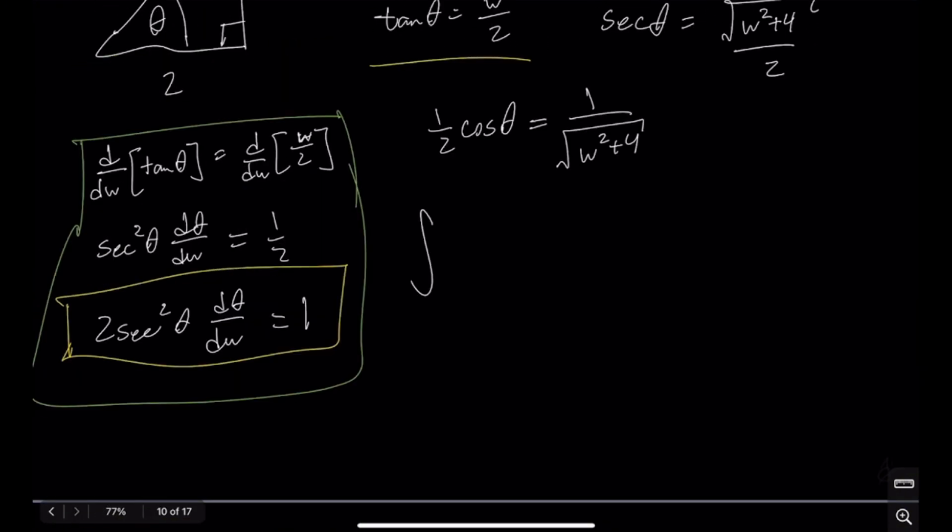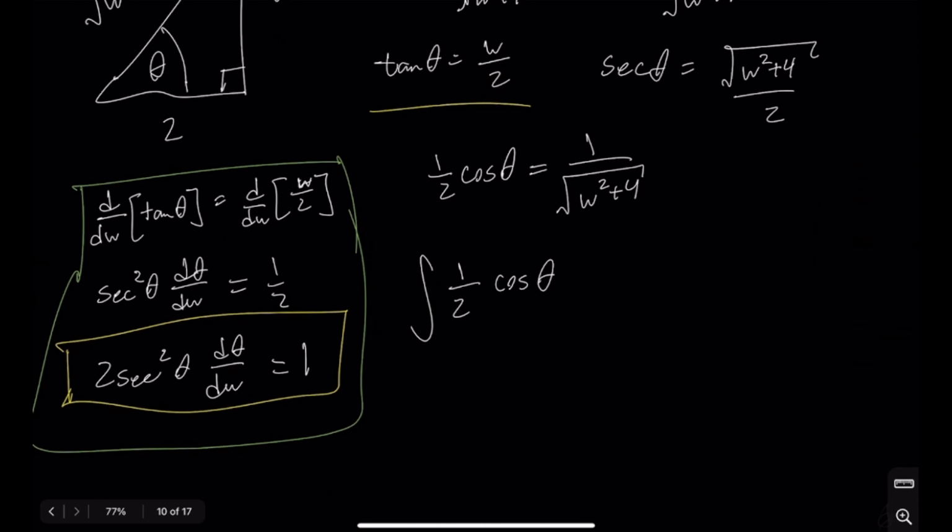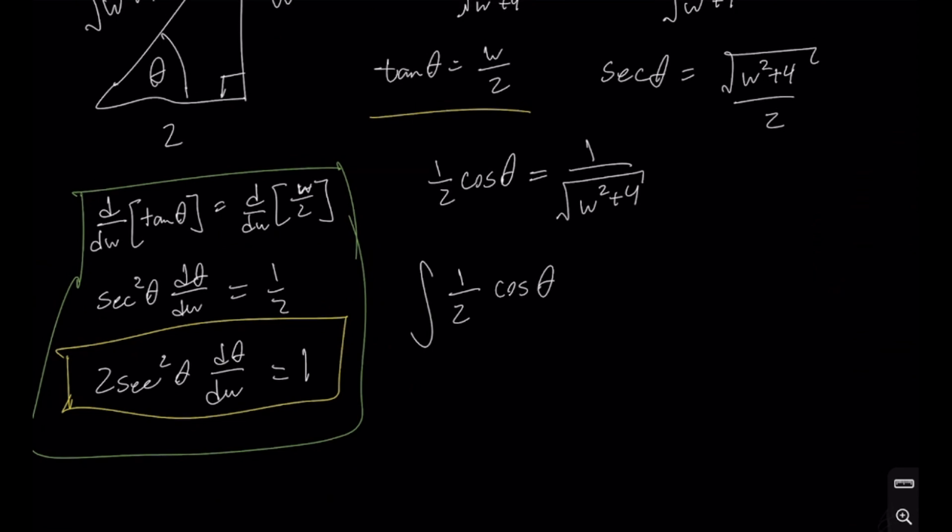So I'm going to have the integral of 1/2 cosine theta, and we have to make sure that we put it in terms of d theta, not dw. So we're going to use this piece, plug it in there. So we're going to have 2 secant squared theta d theta dw. And there's dw on the right side.